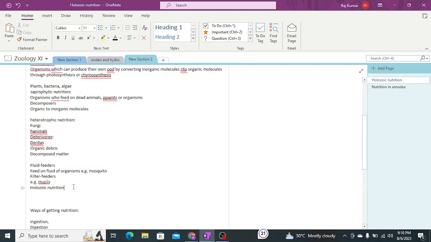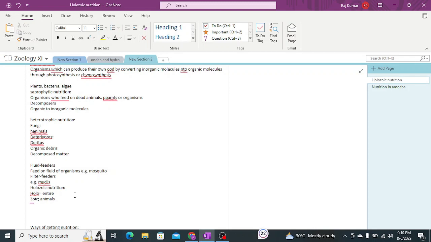Afterwards, we have holozoic nutrition. At last, what is holozoic nutrition? The word holo means entire or whole, whereas zoic refers to animals. So holozoic nutrition is a type of nutrition acquired by heterotrophic organisms who intake complex food molecules by their lumen or cavity in order to digest them.